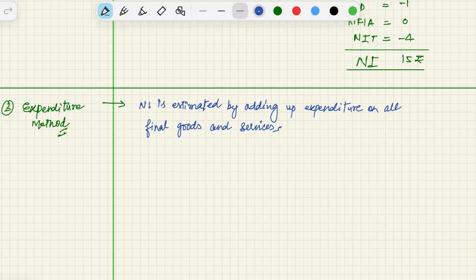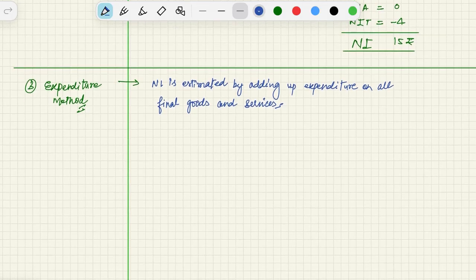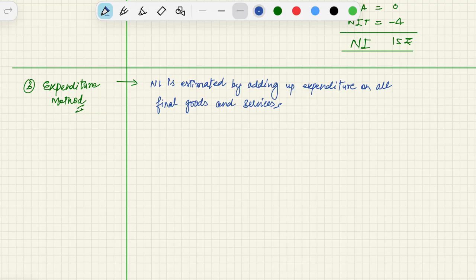Okay. So I already told you that all three methods are circular in nature. I also told you the circular flow of economy. Right. So there are two contributors. One is the firm, and another one is the household. Household provides factors, and the firm provides the income, and that income will be spent by the household, and that expenditure is generally calculated by the expenditure method.